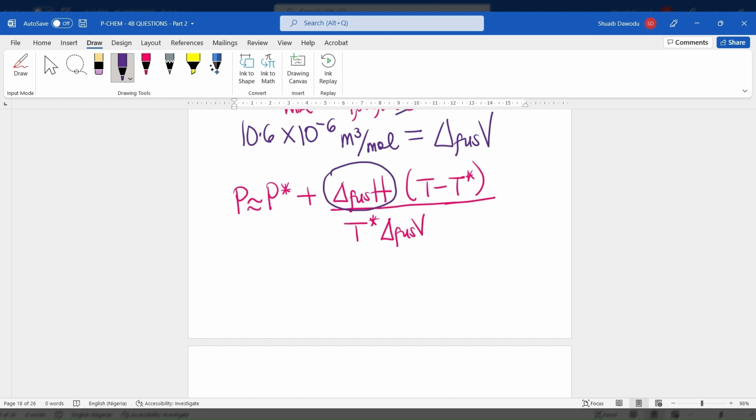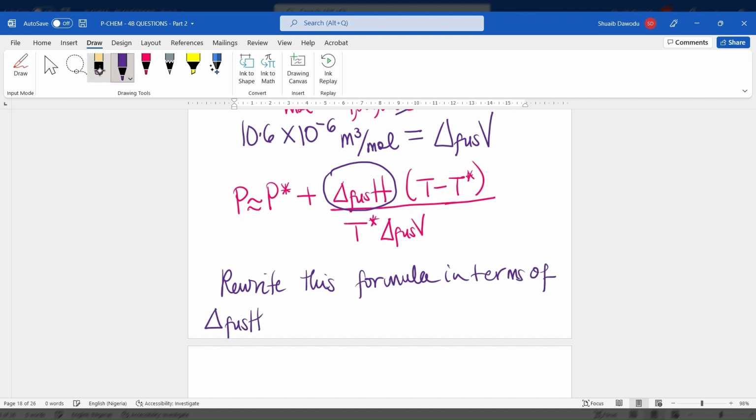I'm not trying to stress anyone out, but we can see how complicated this formula is. While we can substitute everything, it's going to make our work a lot more cumbersome. So one thing we can do is rewrite this formula in terms of change in enthalpy of fusion.